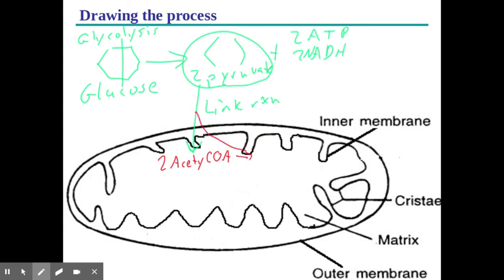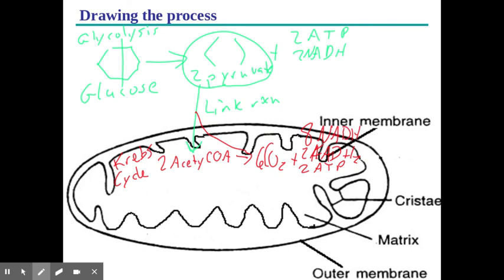Those reactions together in the Krebs cycle are going to make 6 CO2s plus 2 FADH2, 2 ATP, and 8 NADH.